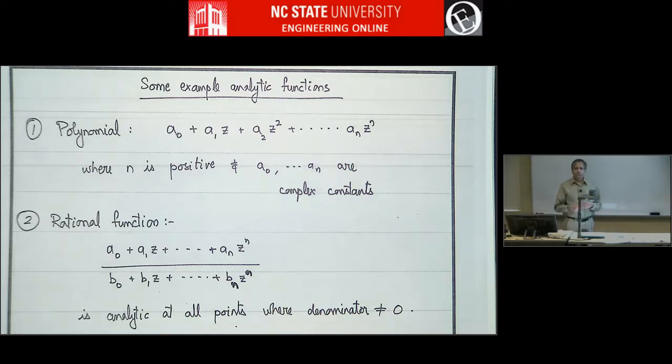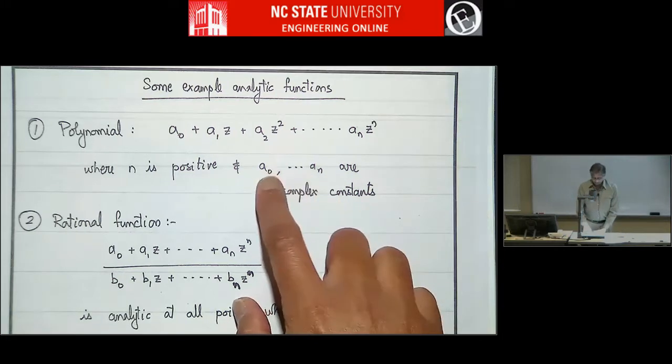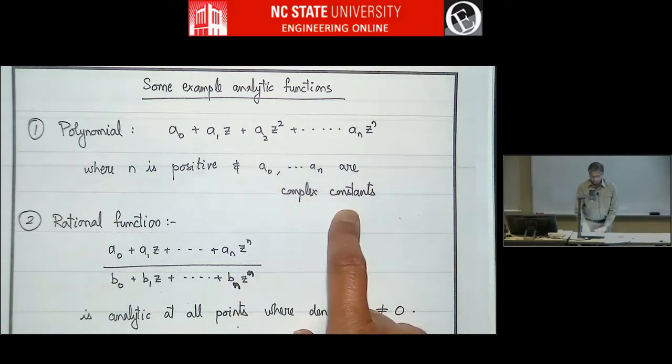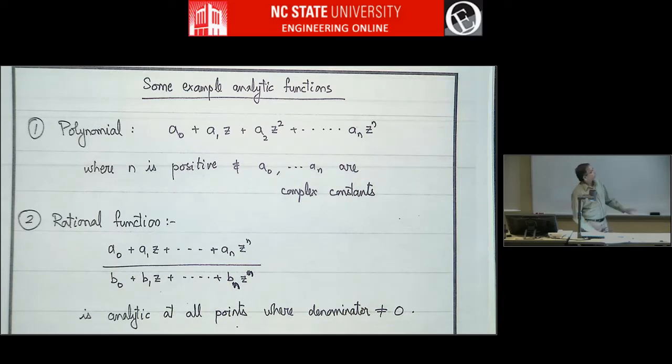You can check it by seeing if it satisfies Cauchy-Riemann equations, but for now, we're just going to list them without actually showing each one. So if you have a0 plus a1z plus a2z squared and so on, where these are all complex constants, and n is positive, that's an analytic function.